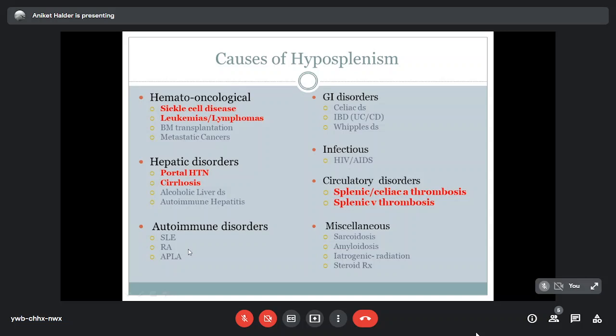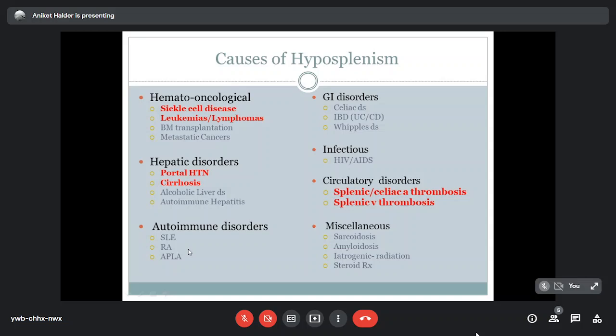It is an important cause of hyposplenism, but celiac disease and IBDs, mainly ulcerative colitis, are associated with hyposplenism through three different mechanisms. Infections can also cause hyposplenism. Circulatory disorders like splenic or celiac artery thrombosis can cause decreased blood flow to the spleen, and ultimately cause splenic atrophy and cause hyposplenism.